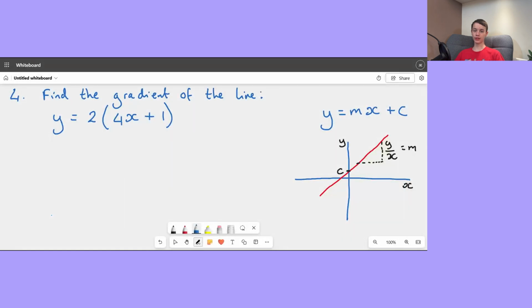Our fourth question is find the gradient of the line y equals 2, and then in brackets, 4x plus 1. Format is wrong, so we need to fix it. Get it into the form y equals mx plus c. When we expand the brackets, we get y equals 8x plus 2.